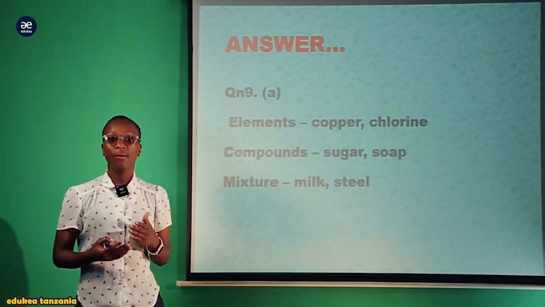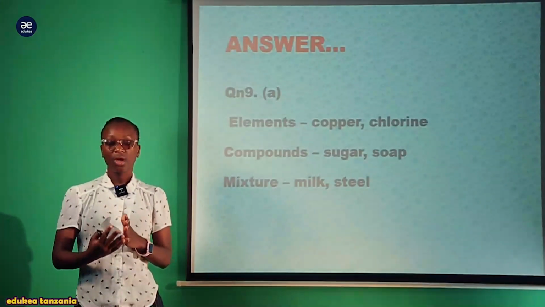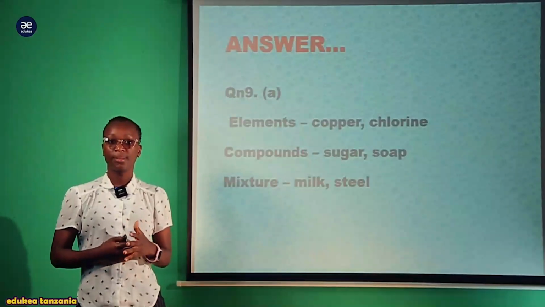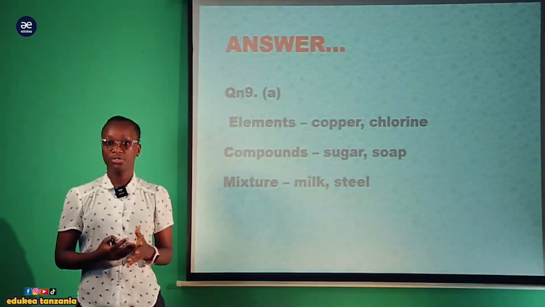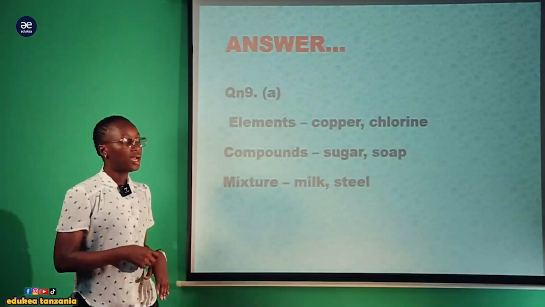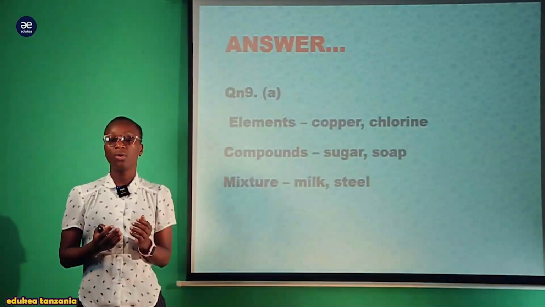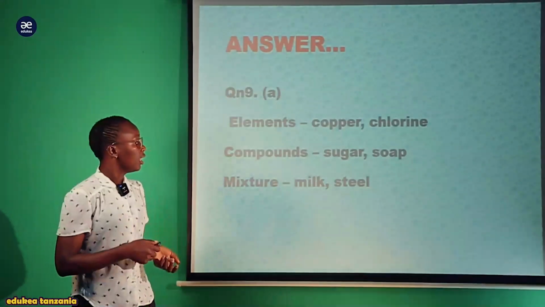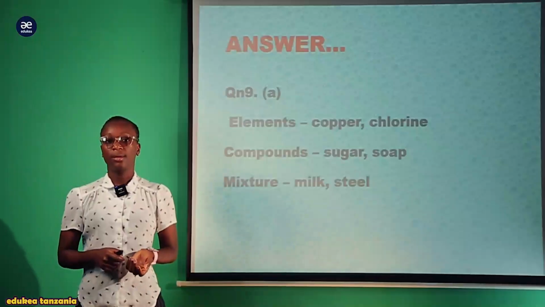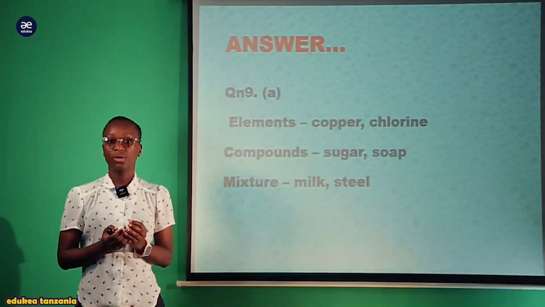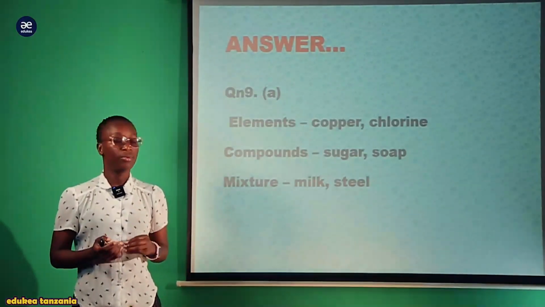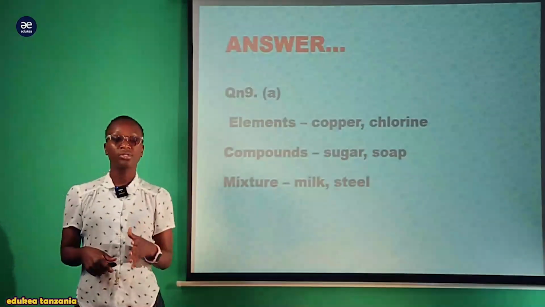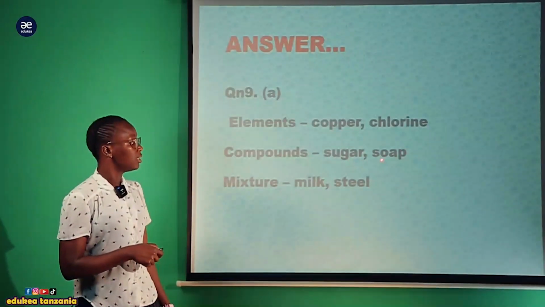Kwa sababu tunavyoongelea compound, tunaongelea ile combination of two or more substances ambazo zinakuwa katika different ratio. So you can see that sugar is a compound, substances zimecombine together. But also the soap imekuwa ni substances zimecombine together kutengeneza hiyo compound ambayo ni soap au sugar. So the compounds are sugar as well as soap.